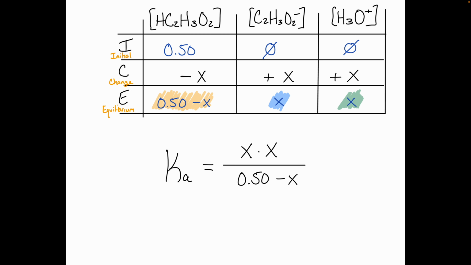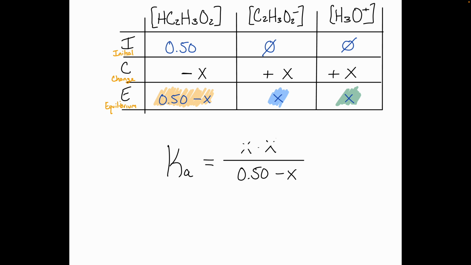I'm going to condense this numerator here. x times x can be simplified as x squared. Cool. But looking at this equation here, I've got too many unknowns, right? I can't have both missing variables, Ka and x. I've got to know at least one of them to have a chance of solving this, okay?